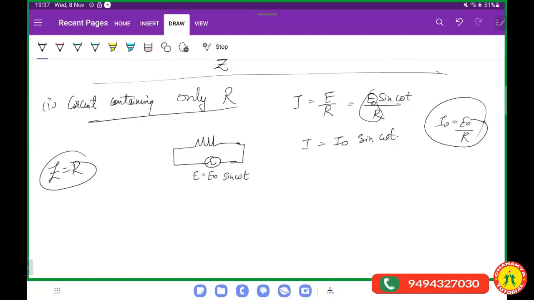In this case, Z is equal to R, and a resistor has zero phase difference. The phase difference between I and E is 0.